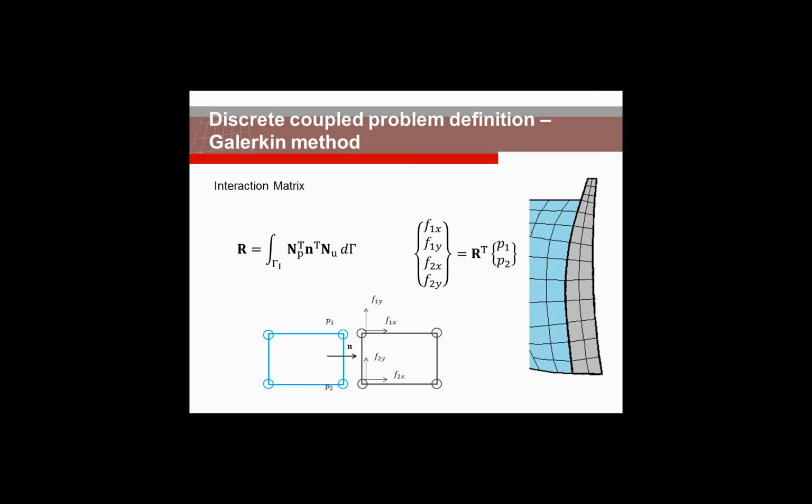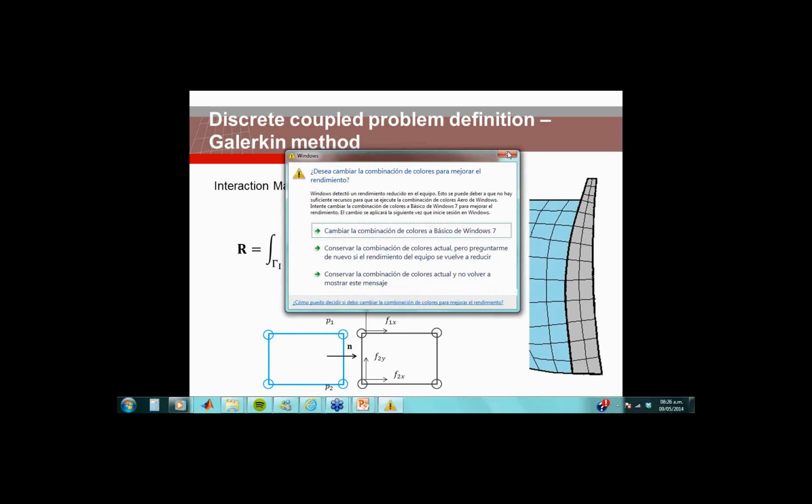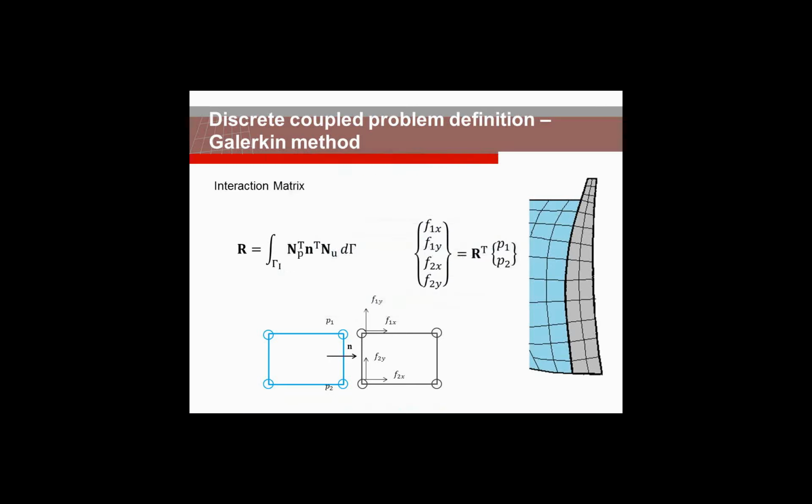Now we have to relate the pressures in the nodes of the fluid with the applied or equivalent forces in the nodes of the solid, right? This is done by means of the interaction matrix, which is calculated numerically as this integral over the surface.